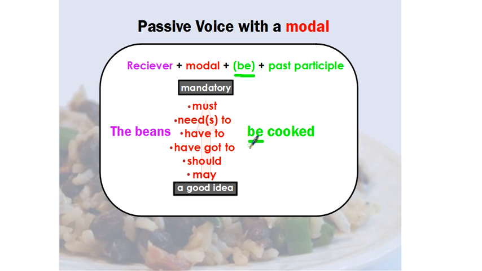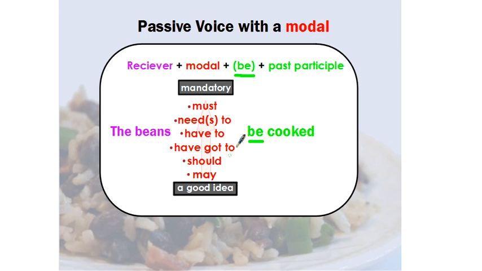Okay? So, if I want to emphasize how important it is to cook the beans, I can say the beans must be cooked, or the beans need to be cooked. If it's a good idea, I can say, well, the beans should be cooked, but in this context, it's absolutely necessary, so the beans must be cooked is an example.